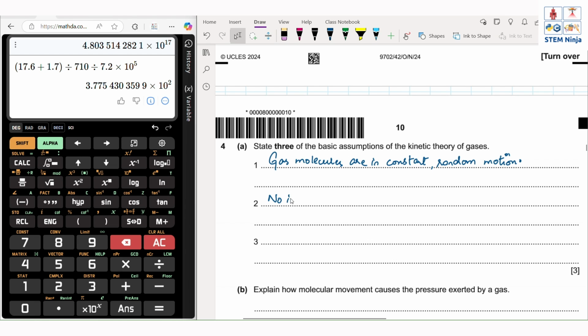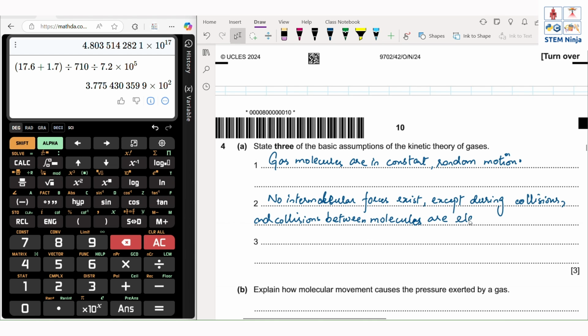No intermolecular forces exist except during collisions, and collisions between molecules also are elastic.